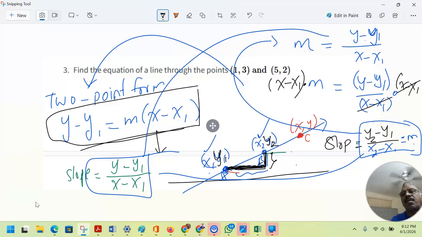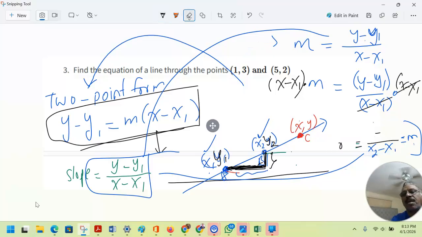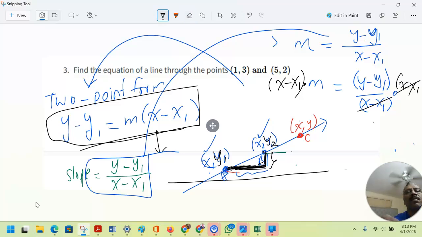And then this crosses out. So what are you left with? This I can rearrange and write m times x minus x1 is y minus y1.